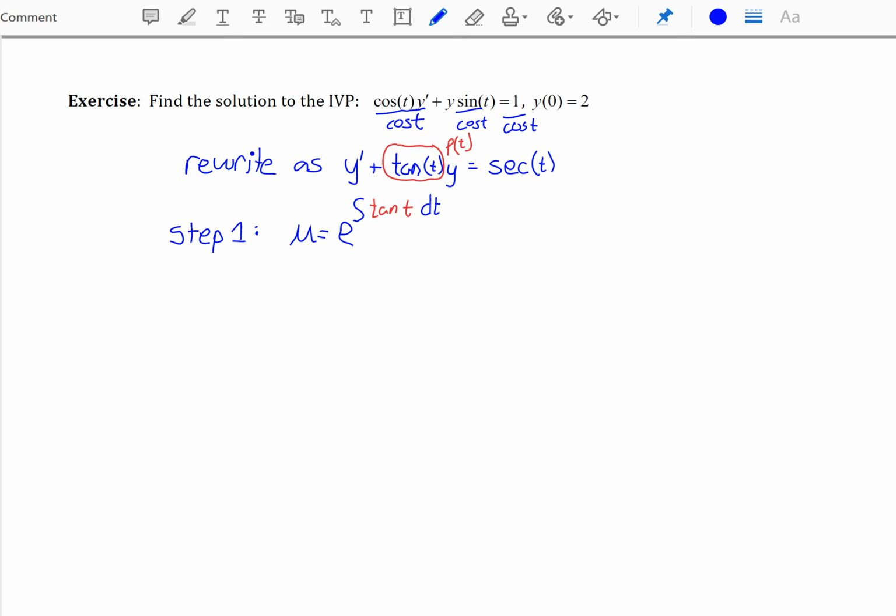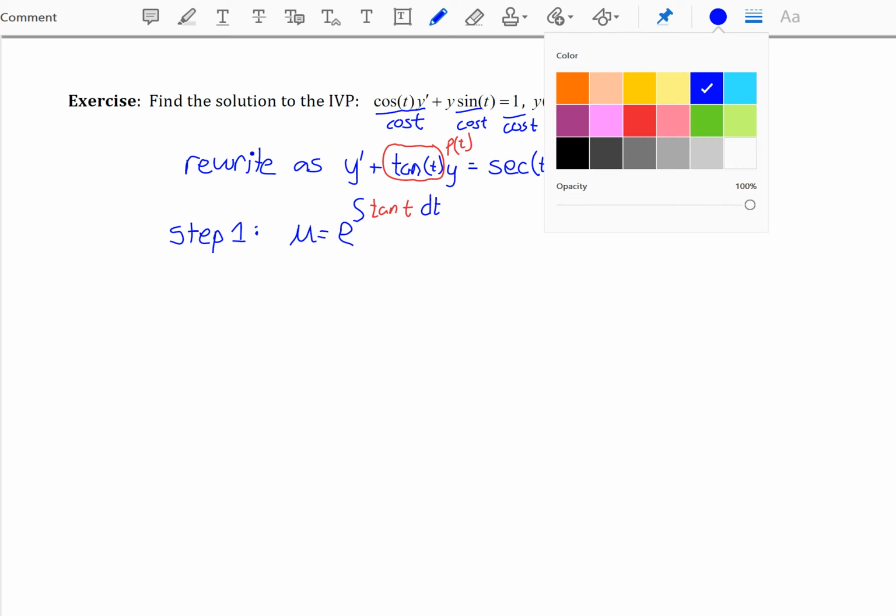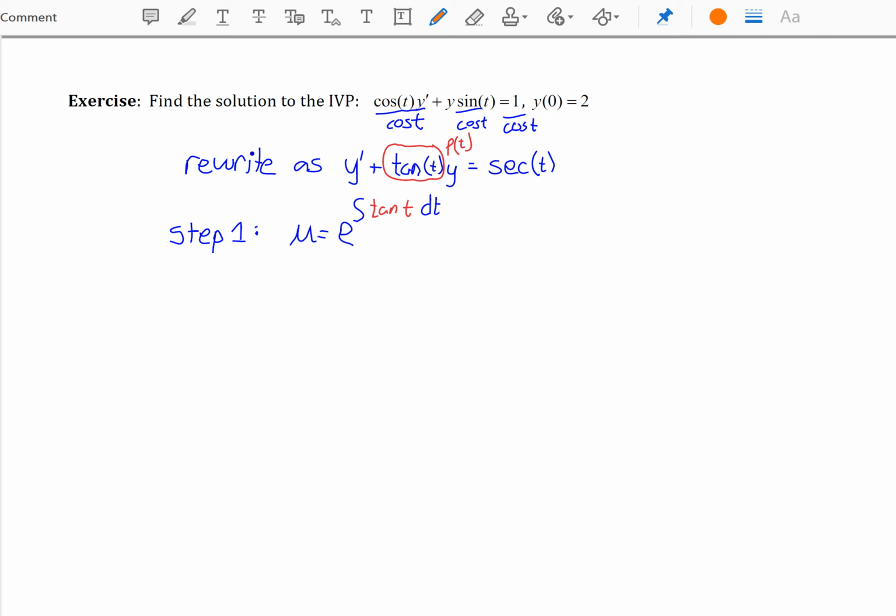And tangent of t is one of those antiderivatives that a lot of students may not remember from calculus. At the time, when it was presented to you, it could have been presented as one of those antiderivatives you just want to memorize. However, you were shown how to find the antiderivative, and so I would like to remind you of that process today, but I'd like to do that as some side work.